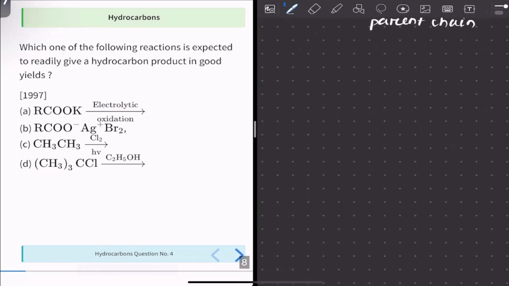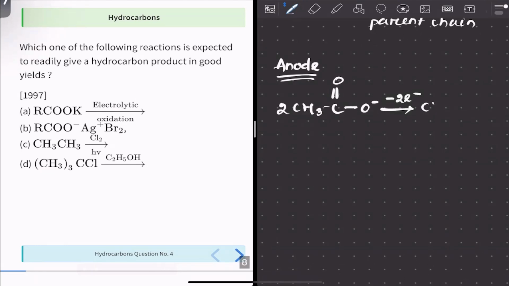It is an electrolysis process. So there will be two electrodes, and two reactions at two separate electrodes. First, look at the anode reactions. At the anode, the carboxylic acid salt will be formed in this way, and it will give two electrons and form two CH3COO free radicals.